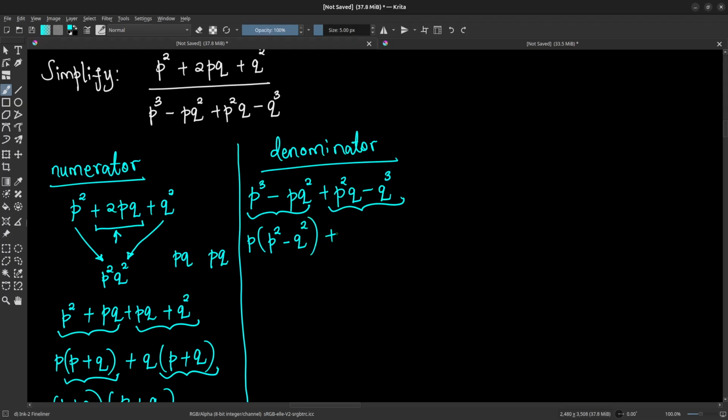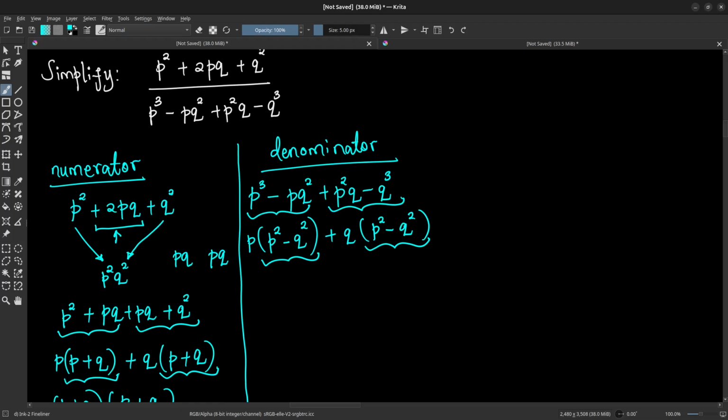And then plus, in this second pair, the common factor is q, so let's factor that out. So p squared q divided by q will leave us with p squared, and then negative q to power 3 divided by q will leave us with q squared. Notice that this p squared minus q squared is here, and it's also in the second term.